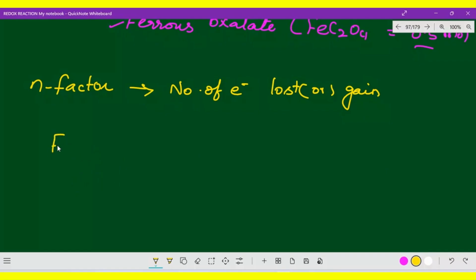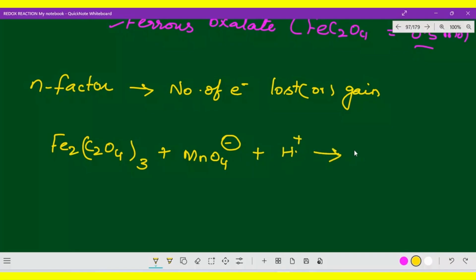So first one, ferric: Fe2(C2O4)3, ferric means +3, plus MnO4. You know very well, many times we observed the permanganate ion. In the acidic medium, with H+ ions, you will get Mn2+ only, of course, and Fe2+. Here the oxidation state, when we go for permanganate, its N factor is +5.